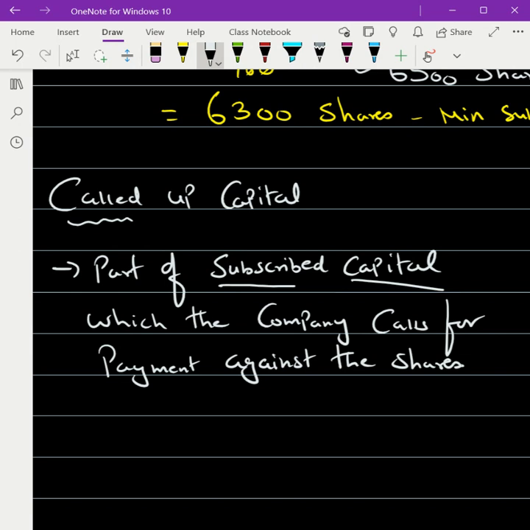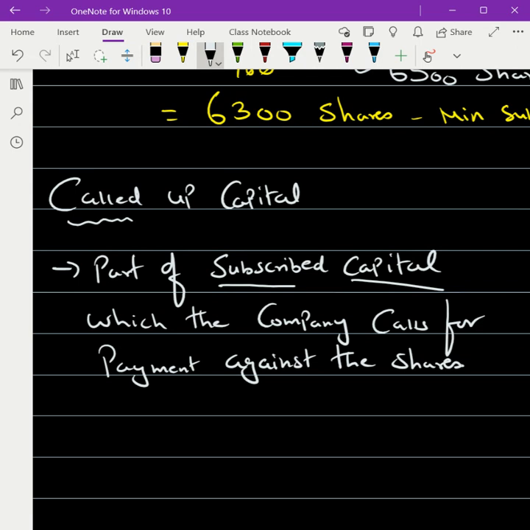But apart from that, the allotment money due calculation and call money due calculations, all those calculations you do only with the subscribed capital which is to be allotted, not the one which the public have applied for.